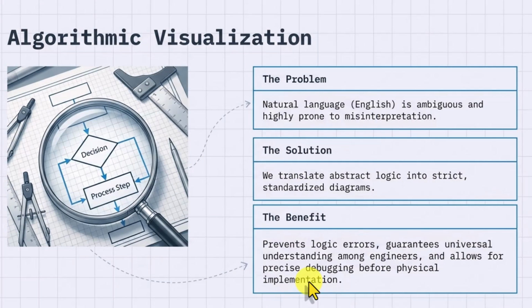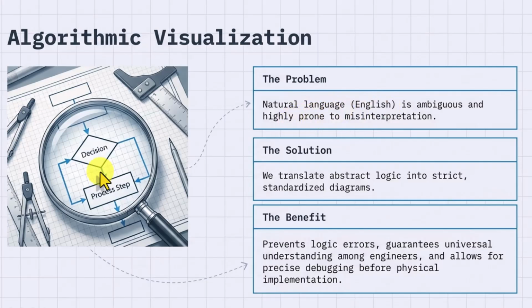Then algorithm, we have studied in the first chapter what an algorithm is. Then we discussed different ways to present an algorithm. Here in this video, once again, we are going to talk about flowcharts. The problem is that natural language, or just English, is ambiguous and highly prone to misinterpretation.